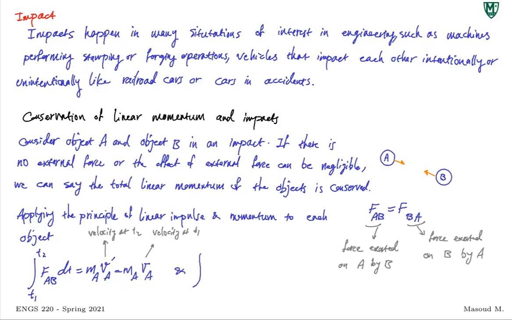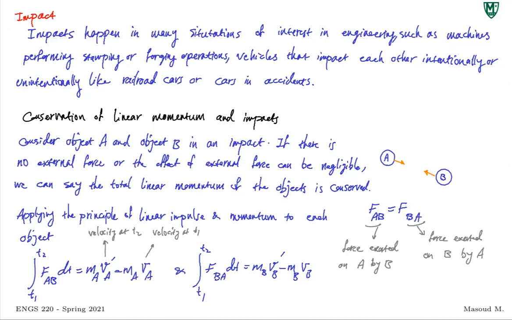And we can write this for the other object from T1 to T2, the integral of FBA dt is equal to MB VB prime minus MB VB. Same story. VB prime is velocity at T2 for object B, and VB is velocity at T1 for object B, right? So that prime represents the velocity after.